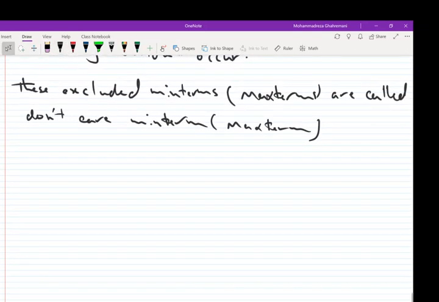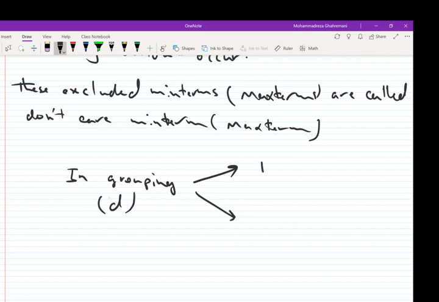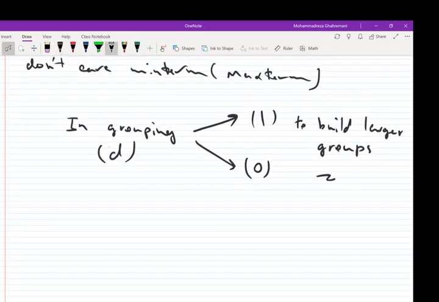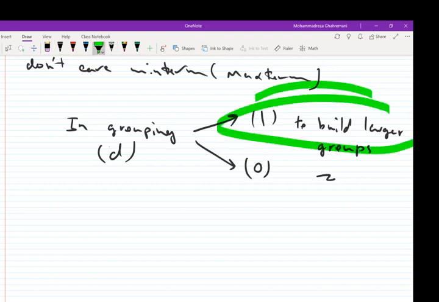So we can say in grouping don't cares, we consider them as 1 or 0 to build larger groups. Okay, so if we are grouping 1s, we can consider them as 1 depending on their locations, to have larger groups.